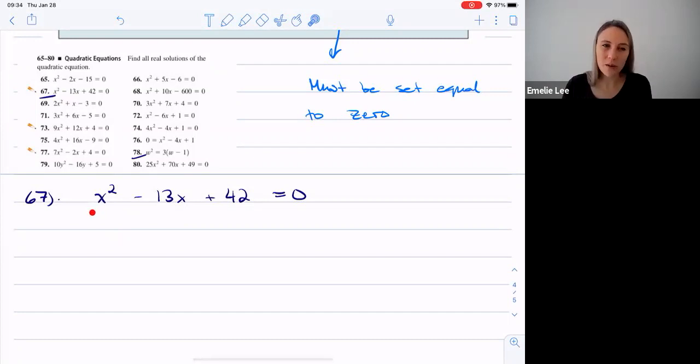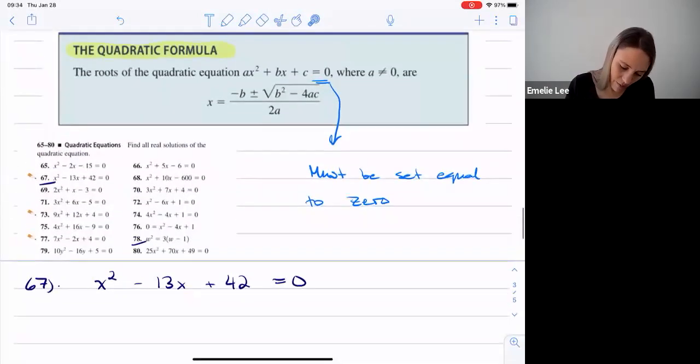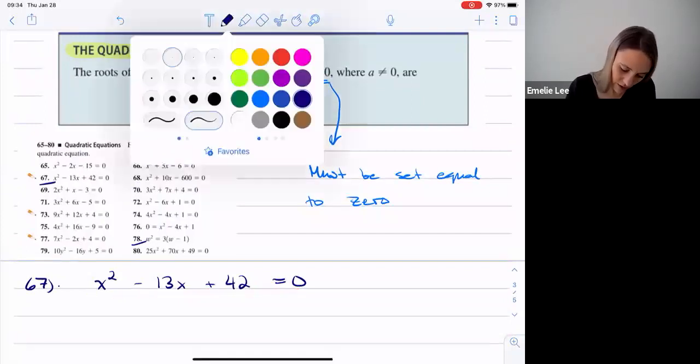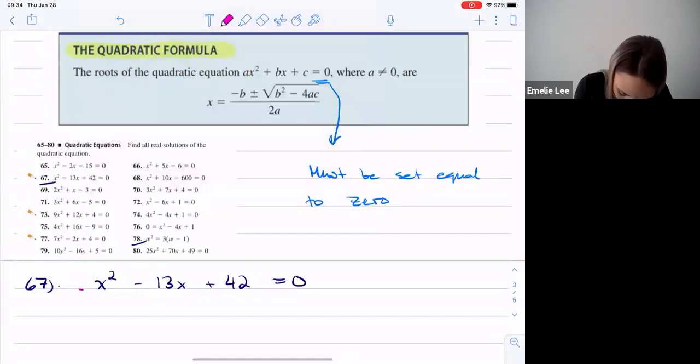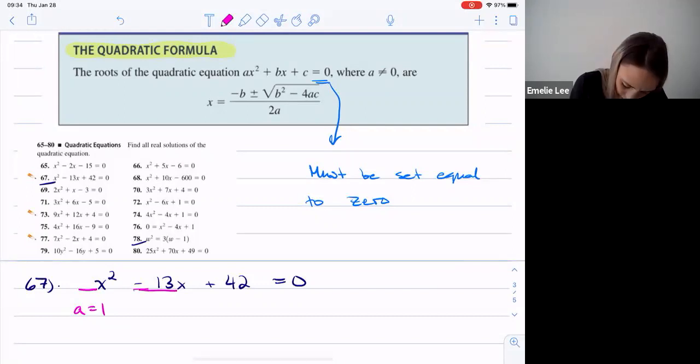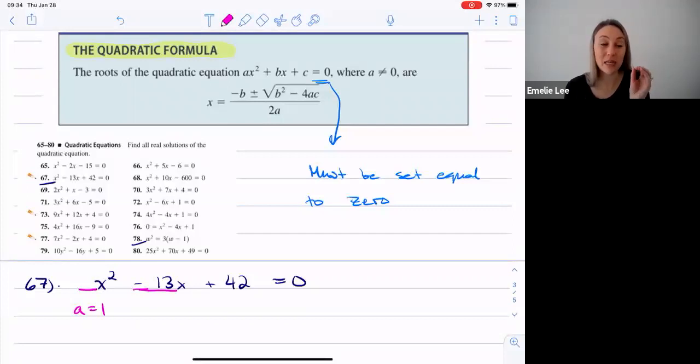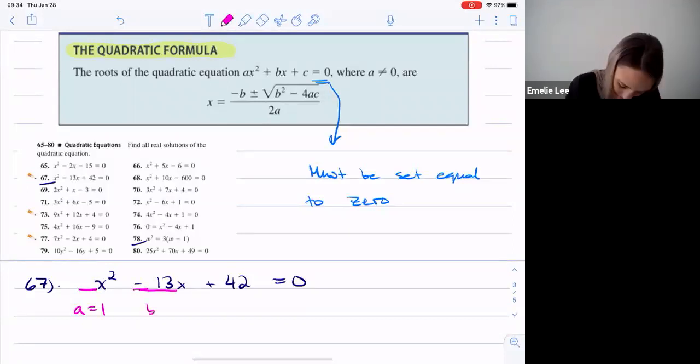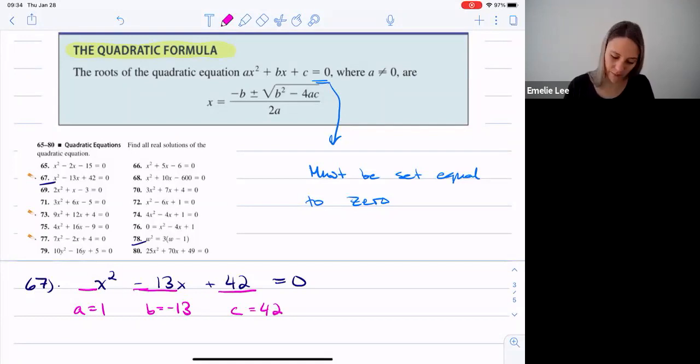I'm going to match this equation to the general form. Here, A must be equal to 1, B, making sure you keep that negative, must be negative 13, and C must be 42, right?